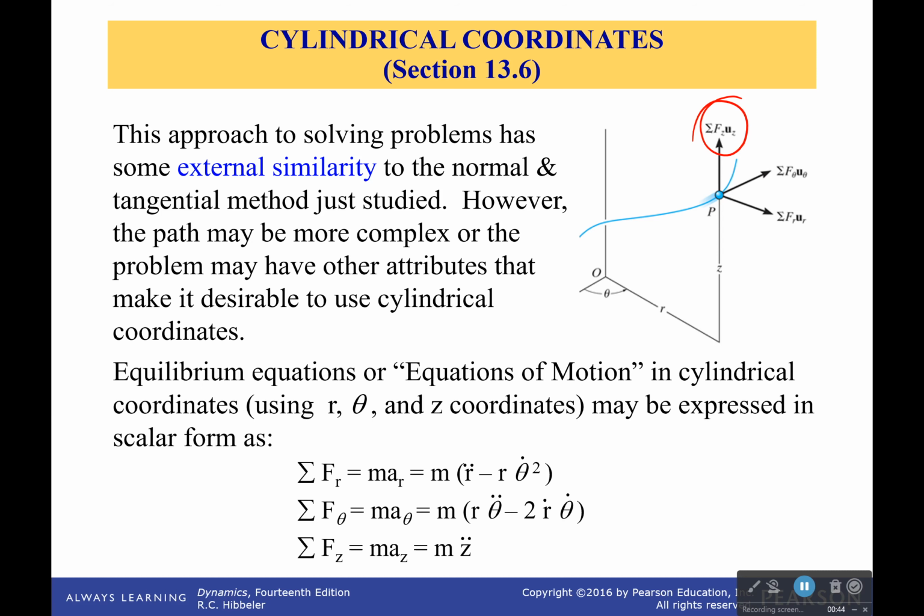Now, in our cylindrical coordinate system, we have the r, the transverse, radial transverse, and our z coordinates. And we can then write them simply as we had before. However, we have to remember that the acceleration in the radial direction and acceleration in our transverse direction are not just simply a time derivative. We have a lot more complexity here.